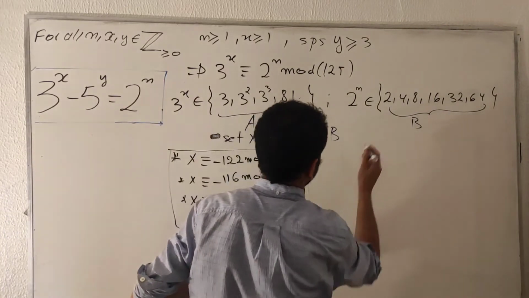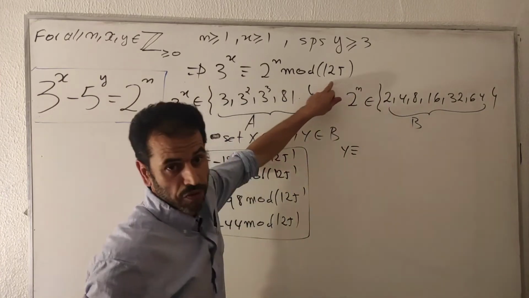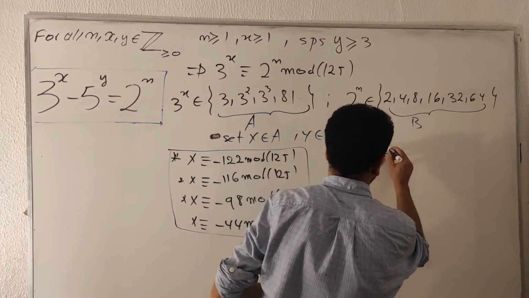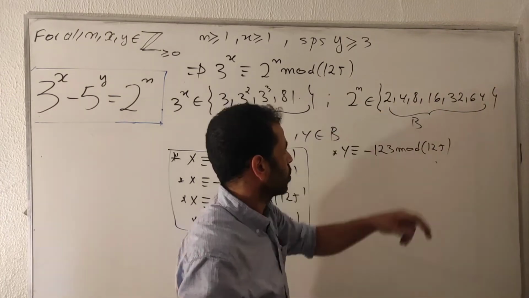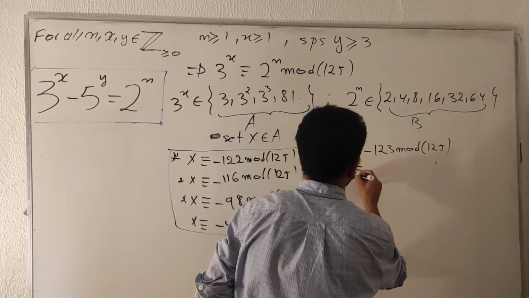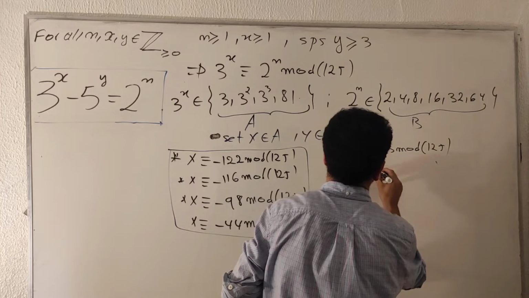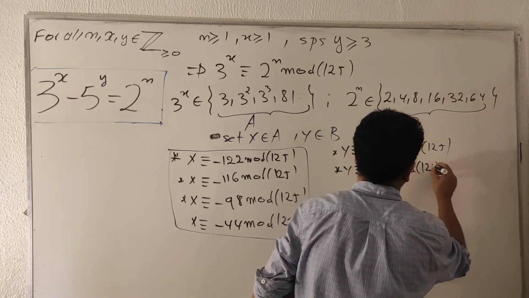So for this one, I get y is congruent to 2 minus 125, which is minus 123 mod 125. For the next value, I get 125 minus 4, which is congruent to minus 121 mod 125.